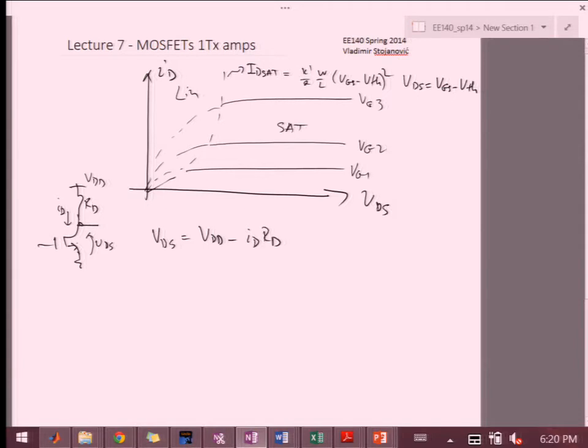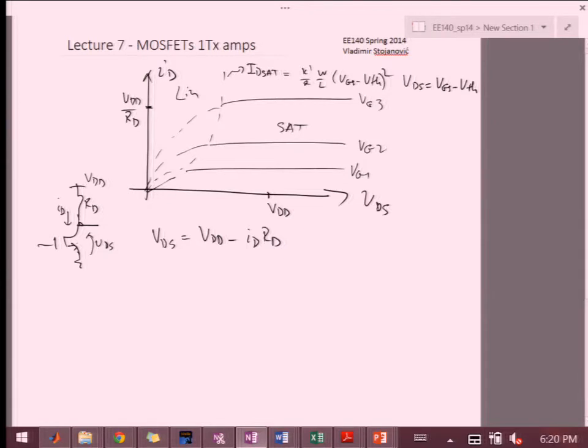So for ID of 0, I'm at VDD, and for VDS of 0, my ID is VDD over RD.